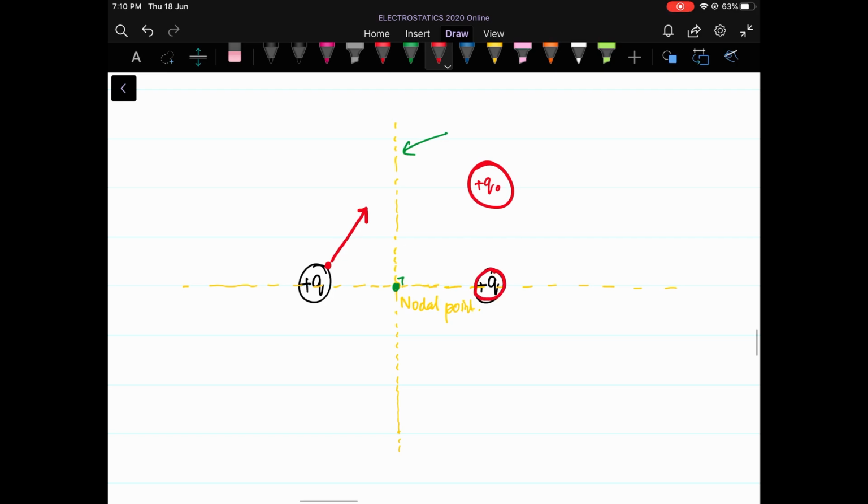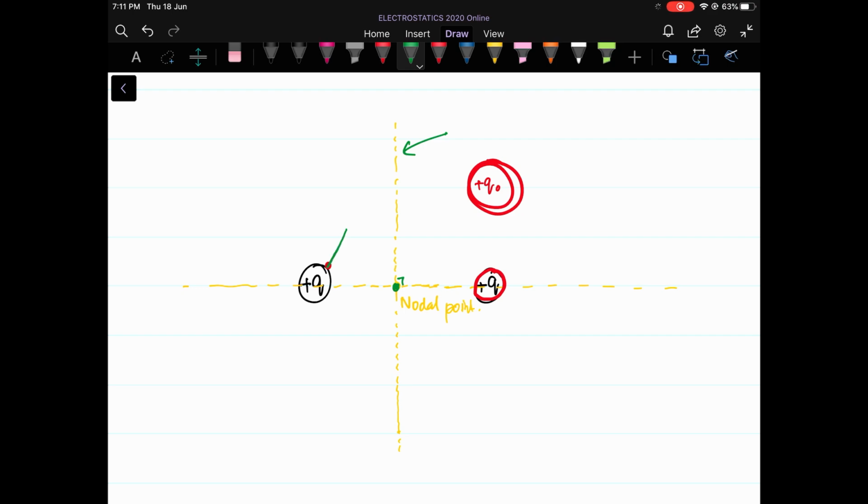And this charge, which is also positive, is going to repel somewhere in this direction. Because both the source charges do not want this test charge to come to either of them. As a result, the net force on this charge will be not here, but along somewhere here. So the path followed by this test charge will be somewhere around this direction.